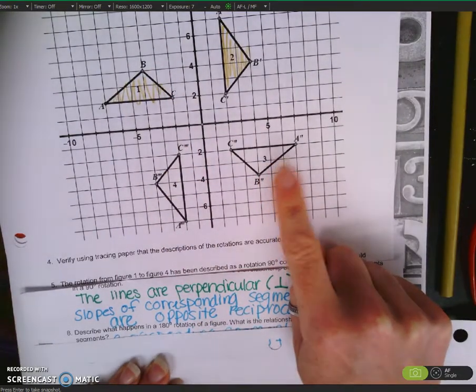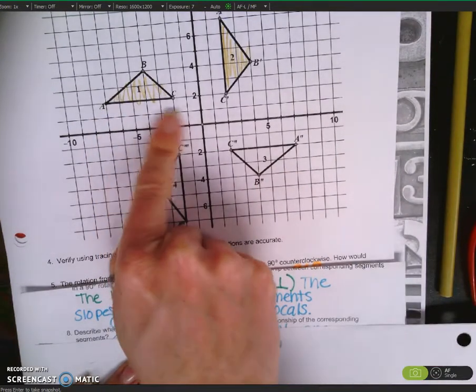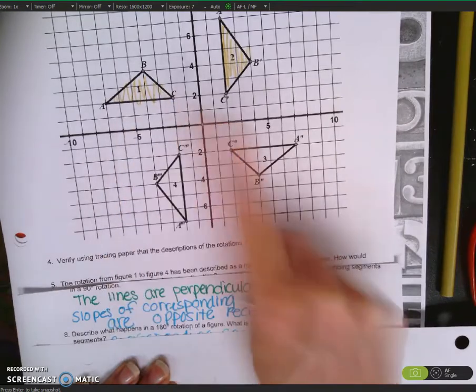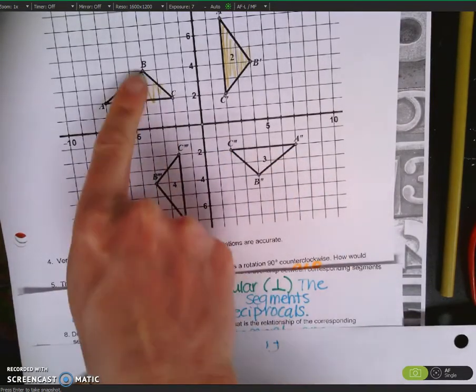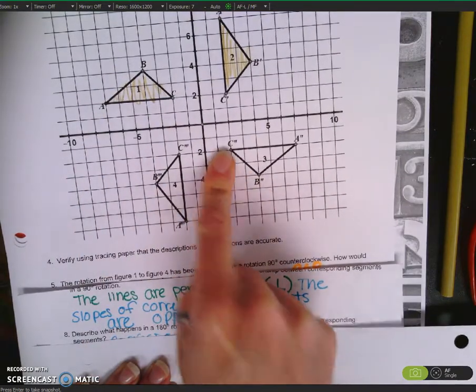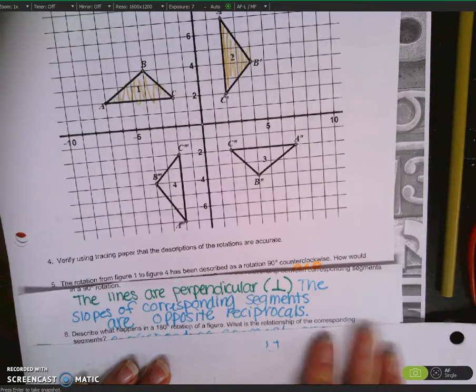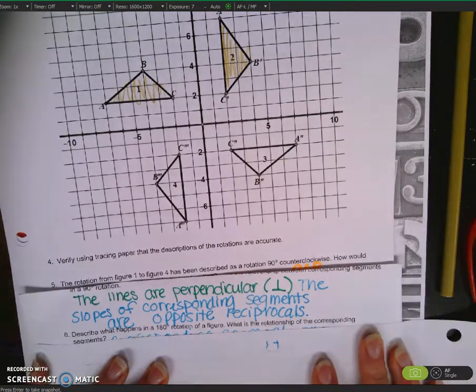So what happens in a 180-degree rotation of a figure? If I look at segment AC and segment A double prime C double prime, and segment BC and segment B double prime C double prime, I'm noticing they have the same slopes. What do you know about lines that have the same slopes?